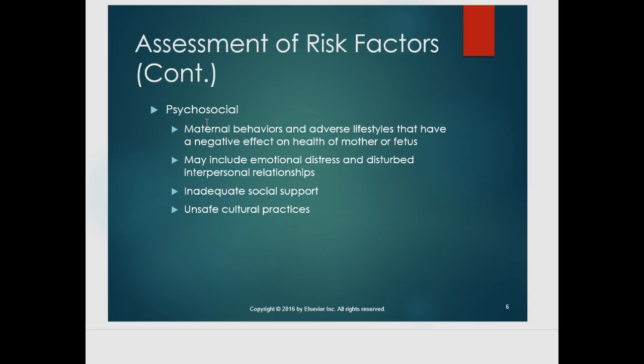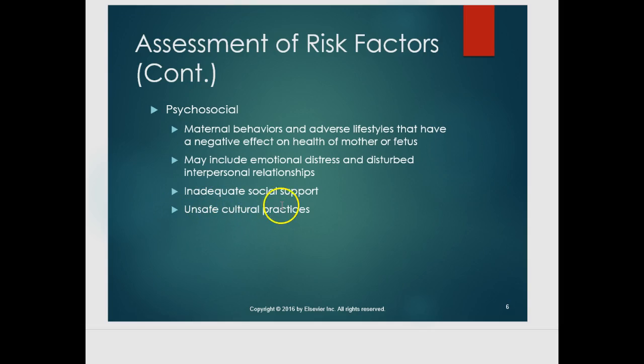Psychosocial factors can create a high-risk pregnancy. We know that if you've had major depressive illness in the past, schizophrenia or bipolar disease, these can be huge problems. Also, anorexia nervosa can definitely be a nutritional problem, which is psychologically derived, that can have a negative effect on mom and baby. It can include emotional distress and disturb interpersonal relationships.